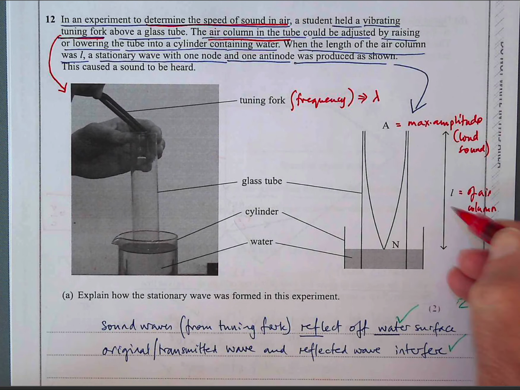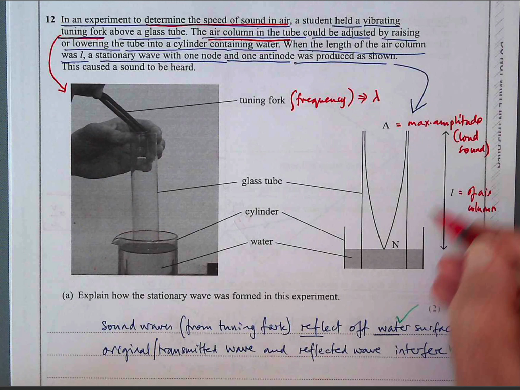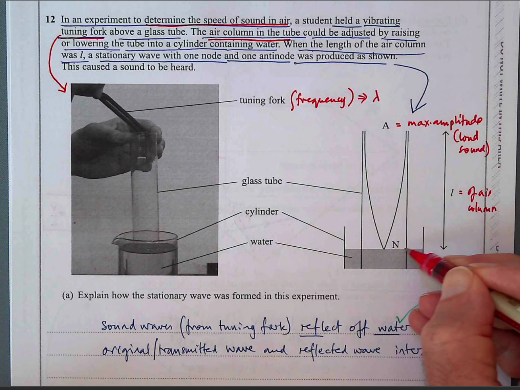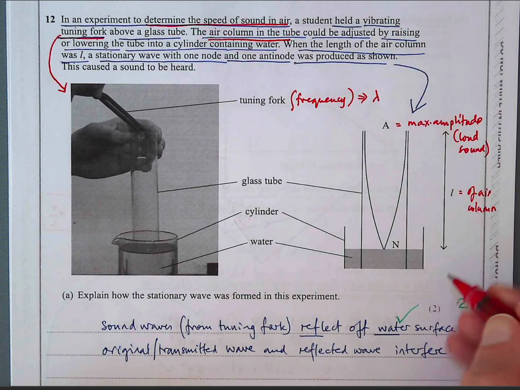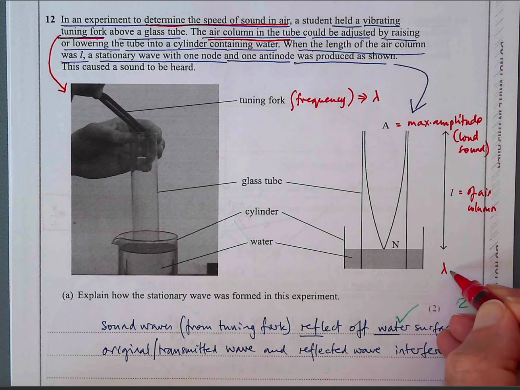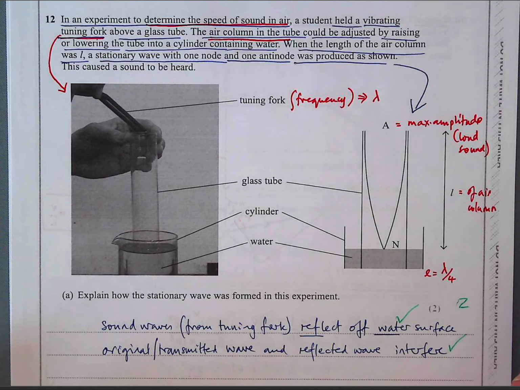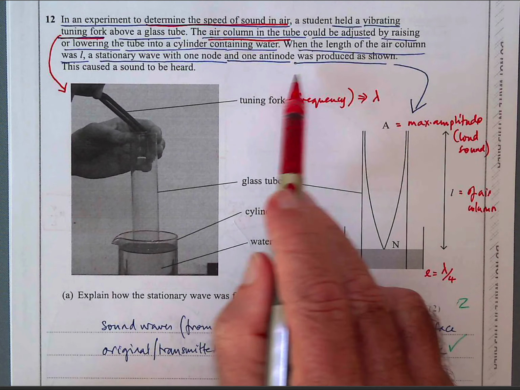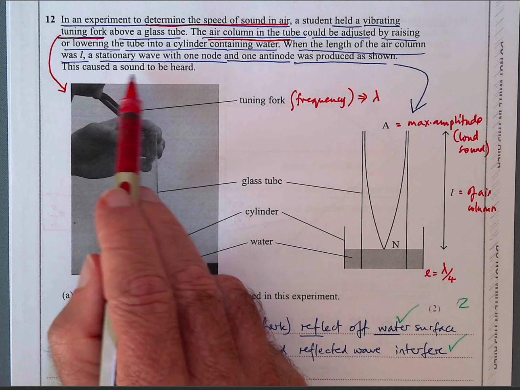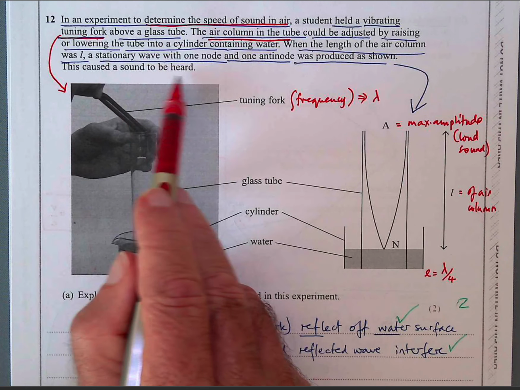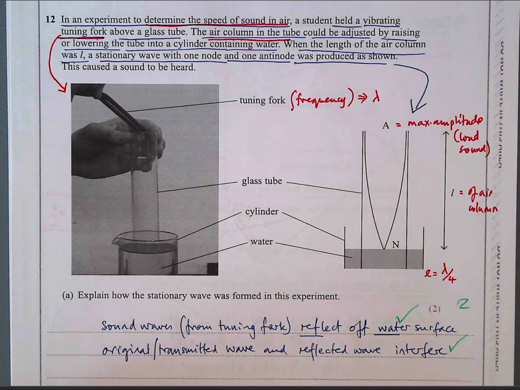So this is a quarter of a wavelength. You have to realize this diagram shown, antinode to node here, is equal to a quarter of a wavelength. So just write lambda over 4 is the length of the diagram that we've shown here. Okay, a stationary wave was produced as shown. This caused a sound to be heard because it produced a louder amplitude.